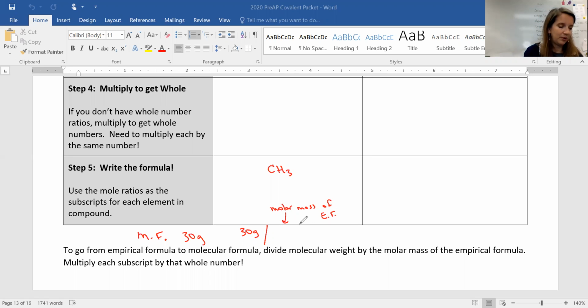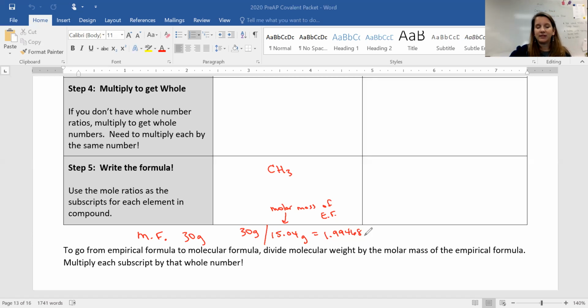So we would take 12.01 plus 1.01 times 3, because there's 3 hydrogens, and that's 15.04. So when we do that, we would get 1.99468, something else, okay?